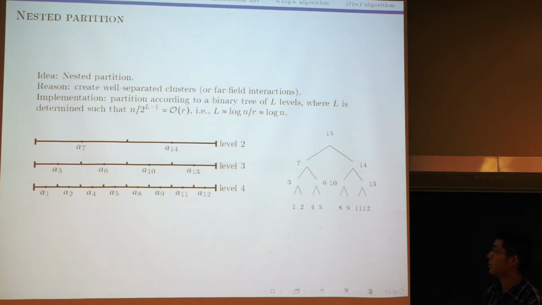We are going to reach a level capital L so that the number of points in each subinterval corresponding to the leaf nodes is order R, which means that the number of points in each subinterval at leaf level is roughly a constant. And it can be seen that capital L is roughly log of n, which is also small.